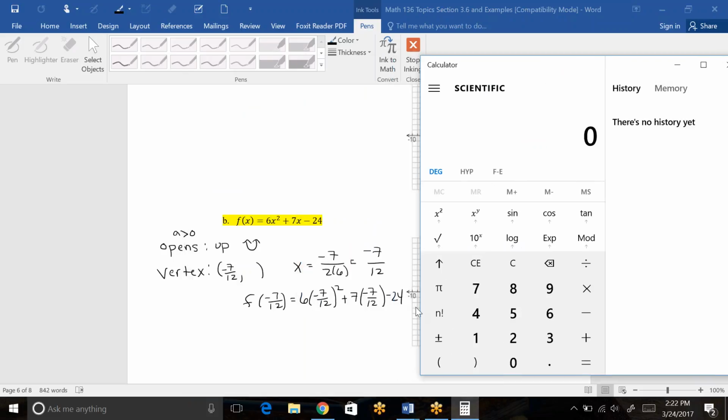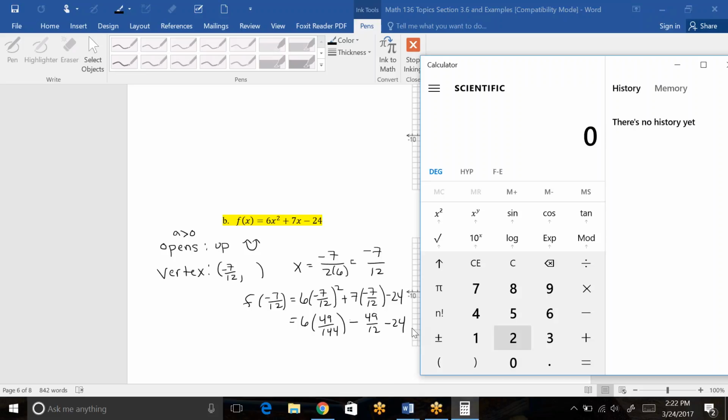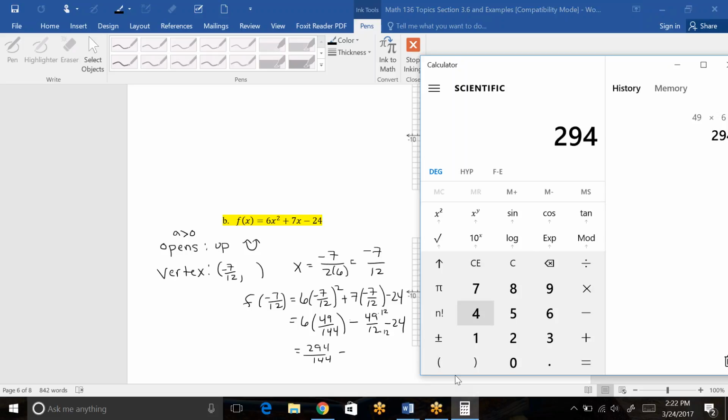So this is going to be 49 over 144 because I'm squaring both of those. This will be negative 49 over 12. I need to multiply that 49 times 6, so that's 294 over 144. I need to get a common denominator for these, and we'll do the last one in a minute as well. So 49 times 12.